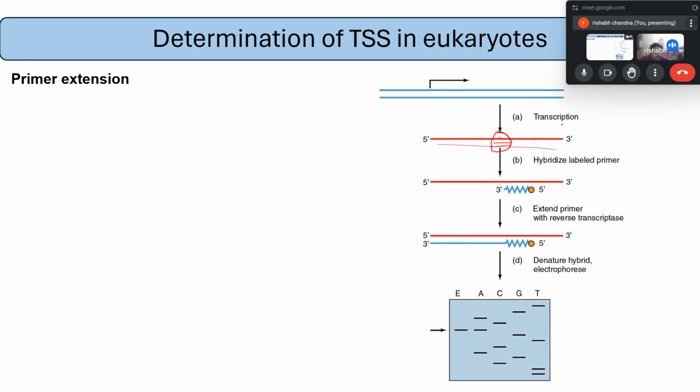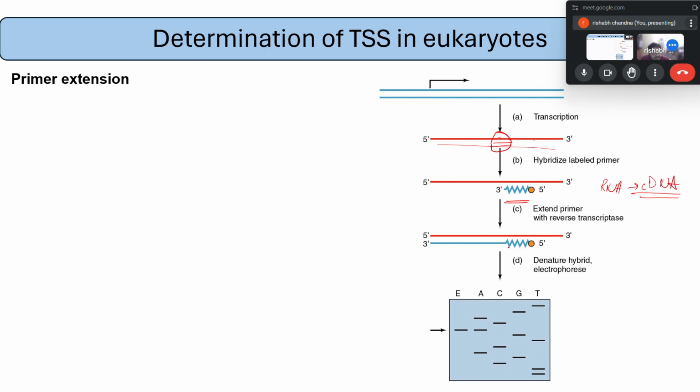We'll design a primer such that it will hybridize in between, like this, and we'll extend the primer using the reverse transcriptase enzyme. This is like a conversion of RNA to cDNA. Okay, not really cDNA, but basically reverse transcription.